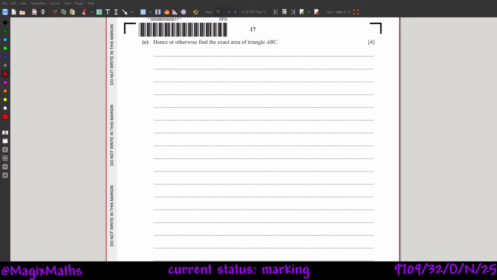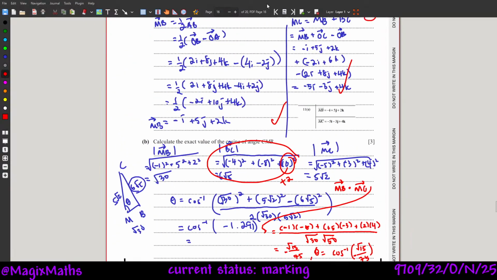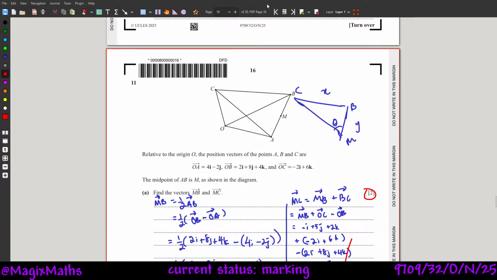So for this part, right, we're working with triangle MBC. Calculate the exact value of CMB. Since this is a midpoint, we just have to calculate this, and then we times 2 to get this. So CMB we already have.